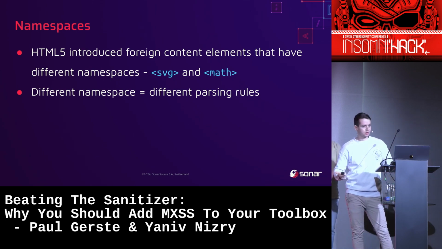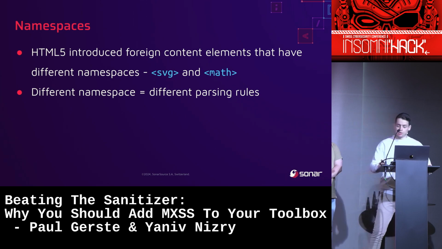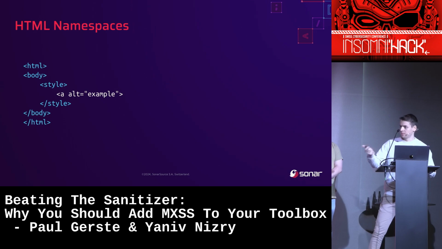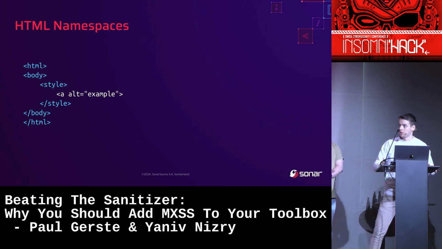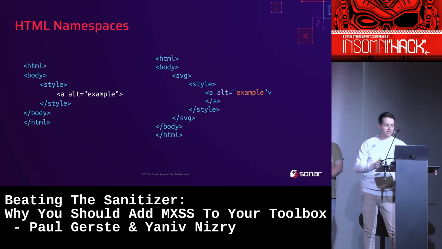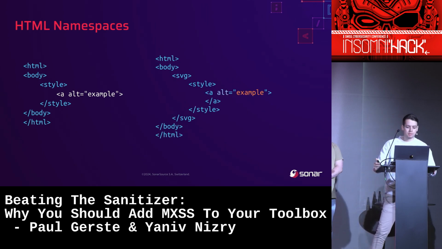For the context of our talk, a different namespace means different parsing rules. We can very simply demonstrate that by using a style element. Here we have a style element, and the content of it is raw text, as Paul just described. Nothing fishy here. But if we take the same exact style element and put it inside an SVG, suddenly we do have an A element inside of it.